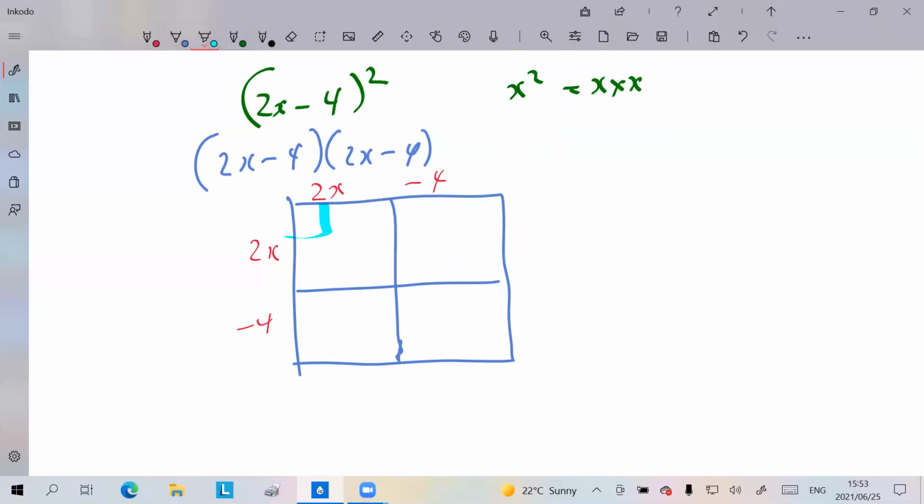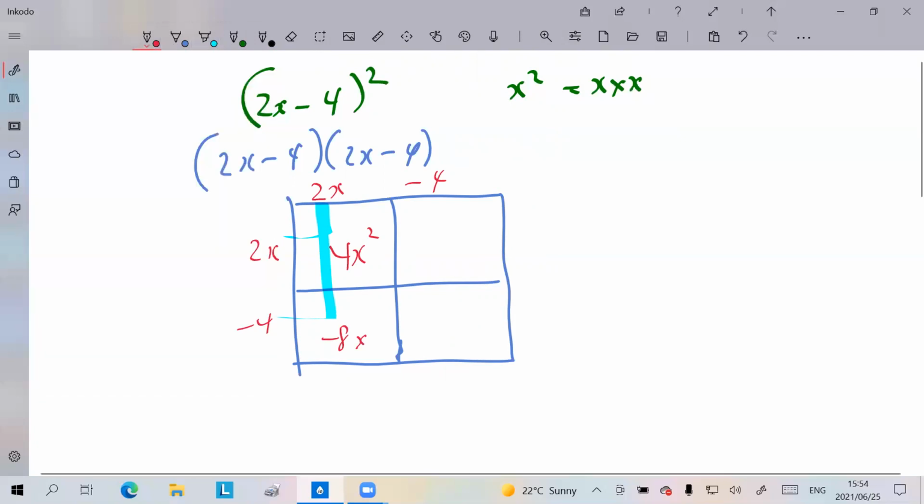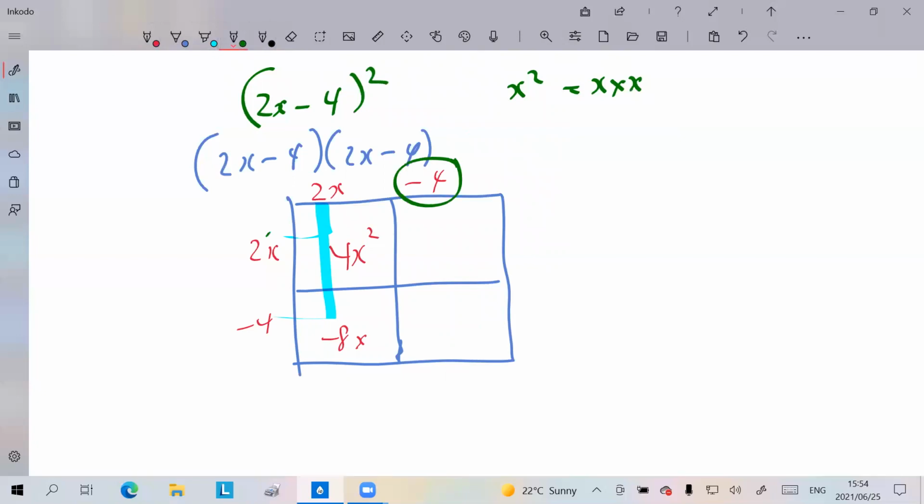Start with this 2. 2x times 2x is 4x squared. Then do this 2. 2x times minus 4 is minus 8x. Thereafter, you're multiplying minus 4 with 2x, which gives you negative 8x. And minus 4 times minus 4 is positive 16.